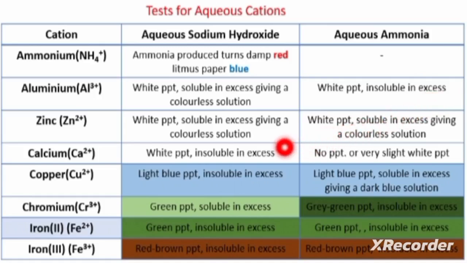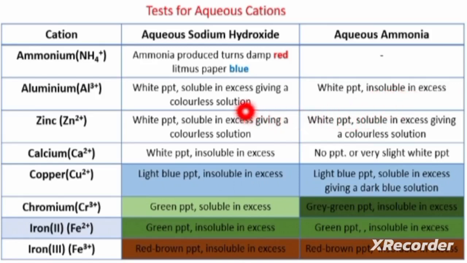So we have seen different cations here. When zinc associates with the aqueous ammonia, a white precipitate will form. But this white precipitate will be soluble in excess, giving a colorless solution. But here we are told that it will be insoluble.